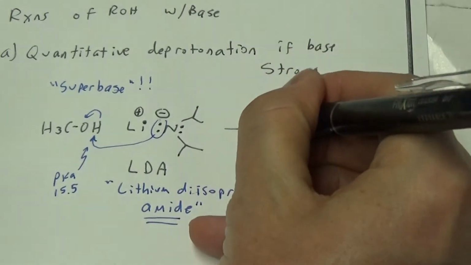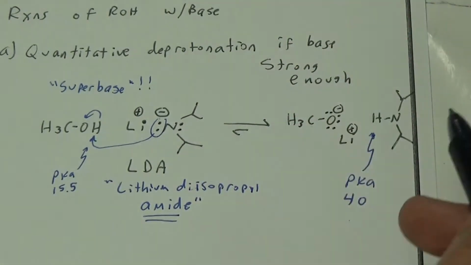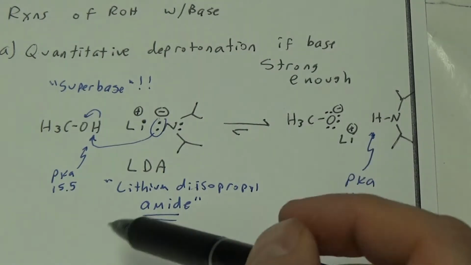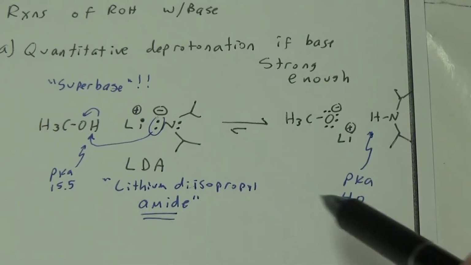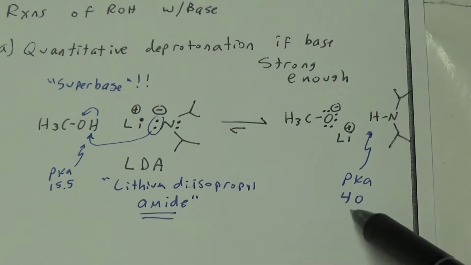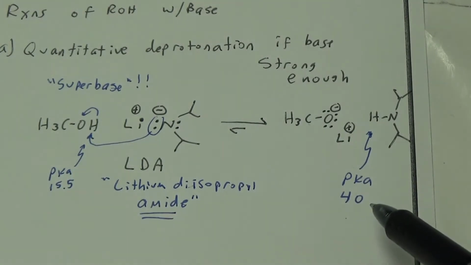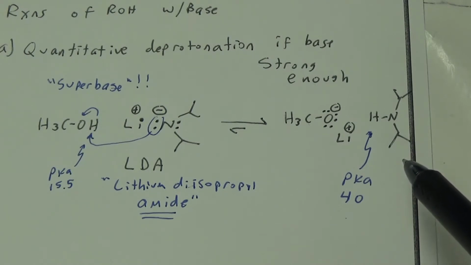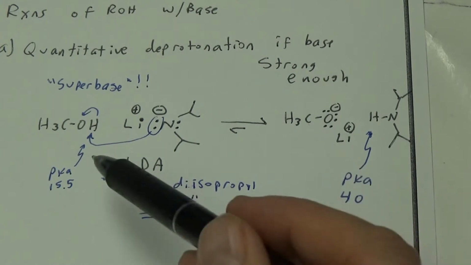So this is a very right-facing equilibrium. It goes far to the right, and K is roughly 10 to the, what's the difference of these? 25. So it's 1 followed by 25 zeros. And so it's very far to the right.